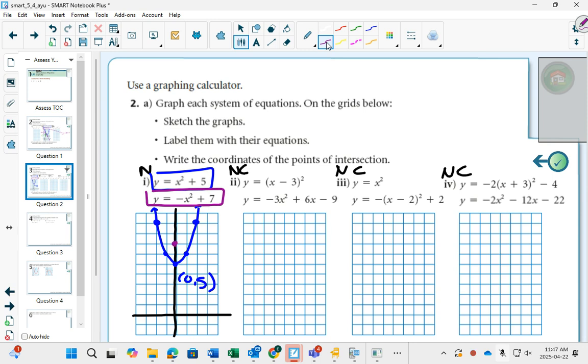Its vertex is at (0, 7). Then over 1, down 1. Oh, there they are. Over 1, down 3. And again, by drawing it accurately on graph paper, there are my two solutions at (1, 6) and (-1, 6).